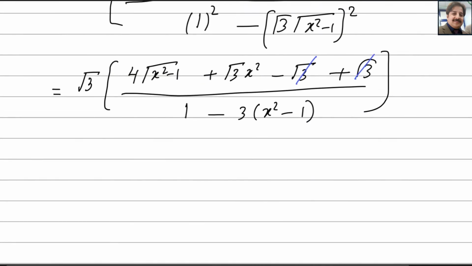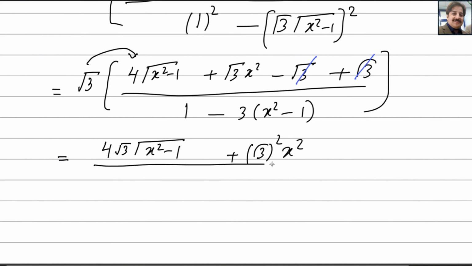Now simplify further. This square root 3 will multiply here, so we can write square root 3, 4 square root 3, and then square root of x square minus 1. Then this square root 3 multiplied by this one becomes a square, x square. Then expand this bracket, 1 minus 3 x square, this minus 3 and minus 1 makes it plus 3.